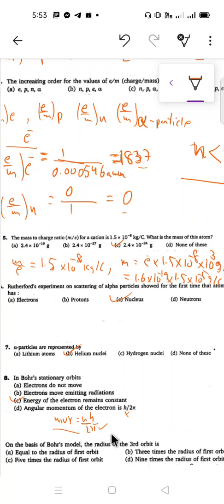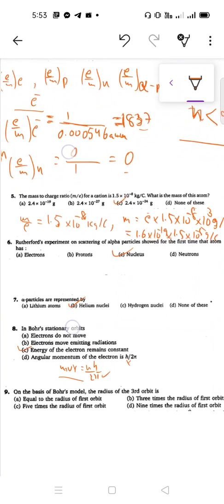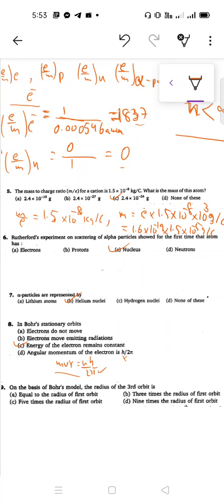Next one. On the basis of the Bohr model, the radius of the third orbit is, let us calculate this one.